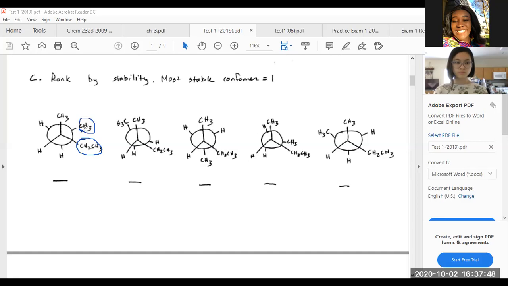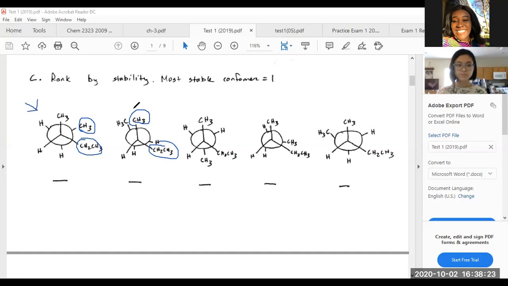So automatically we can see that this structure here is one of the not as stable molecules. And here we see this. Although the groups are farther apart, because it's eclipsed, it's less stable than it would be if it was staggered. And staggered is just a normal conformation, normal position like this one.